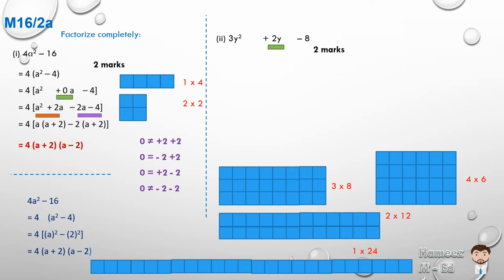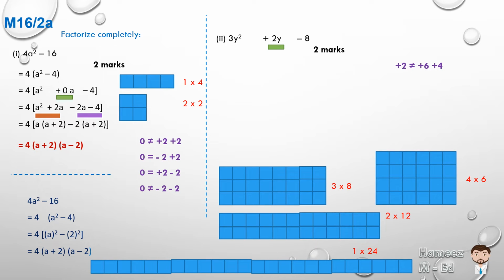So how do we get plus 2? Let's look at the pairs. Can 1 and 24 give us 2? No. Can 2 and 12 give us 2? They're too far apart. Can 3 and 8 give us 2? No. 4 and 6? Well, maybe 4 and 6 could work. So how do we get plus 2 from 4 and 6? Let's try to add the 6 and add the 4.